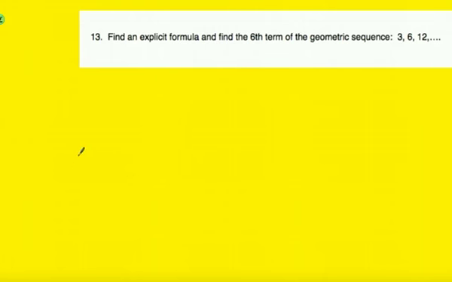13 says find an explicit formula and find the sixth term of a geometric sequence 3, 6, 12.